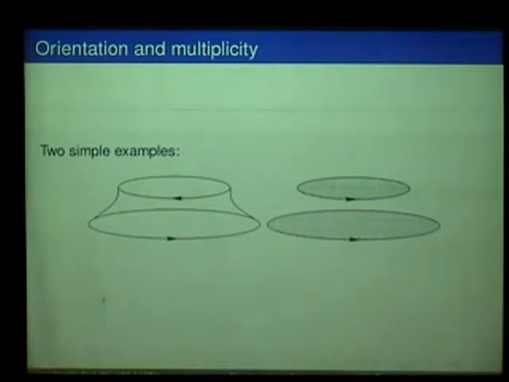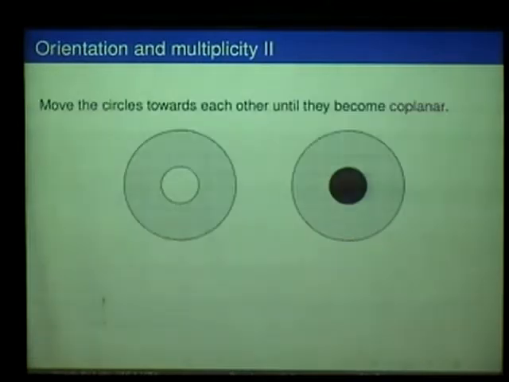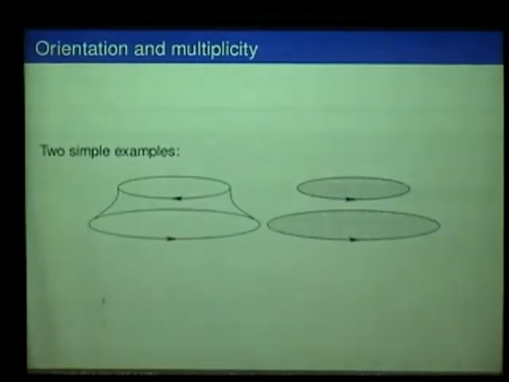Okay? Good. Now imagine that you're taking the top circle and you're sliding down until the two circles become coplanar. Of course, you do the same operation on the left.